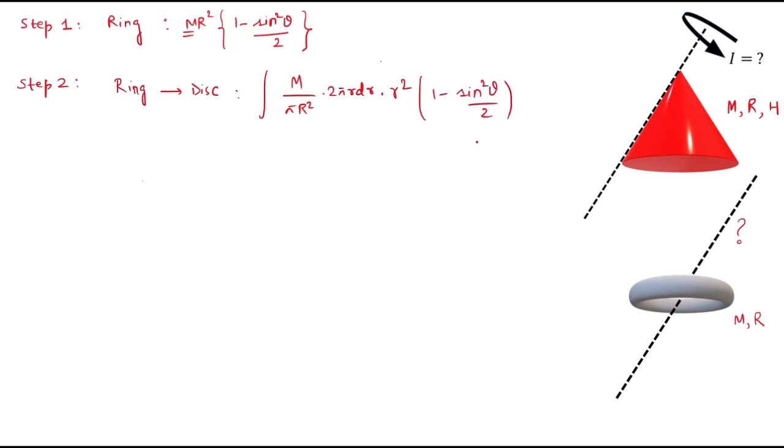Now obviously this integration is over the radius because we are moving from a ring to a disk. So this is 0 to capital R. Pi goes away.